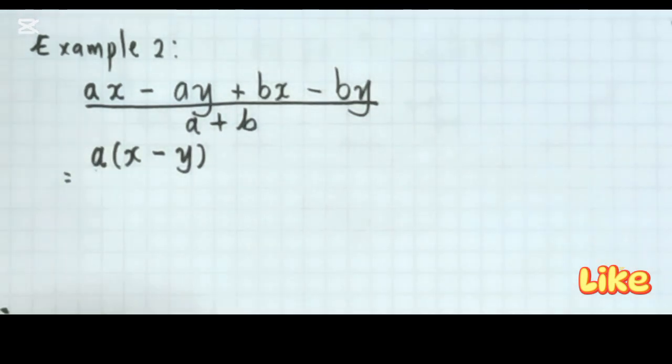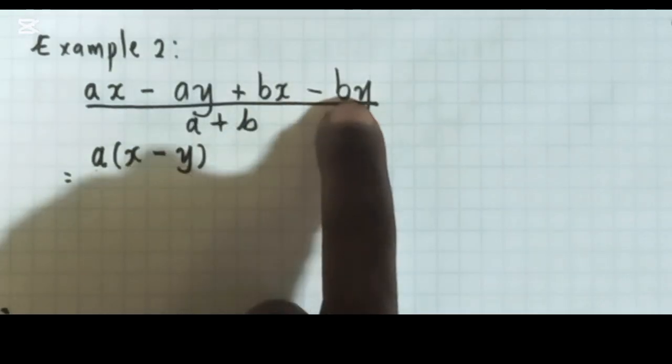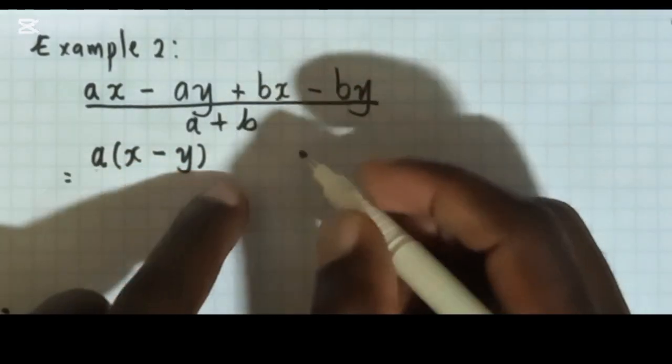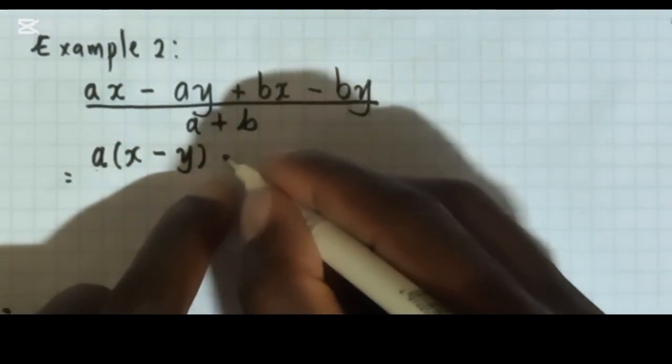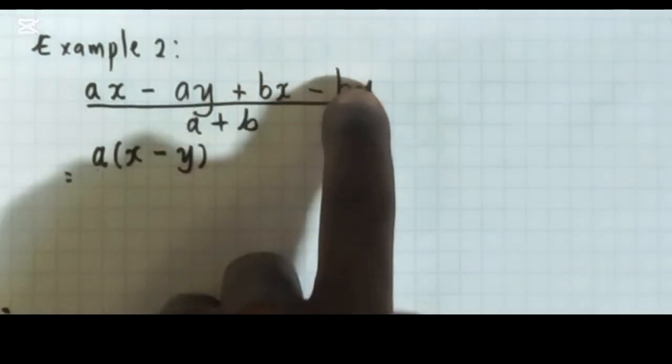Remember, we're doing factorization by grouping. We'll go ahead and factorize the second pair, and that's going to be bx minus by, in the numerator, of course. b is the common divisor there.